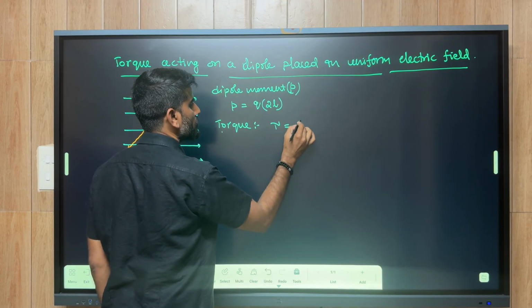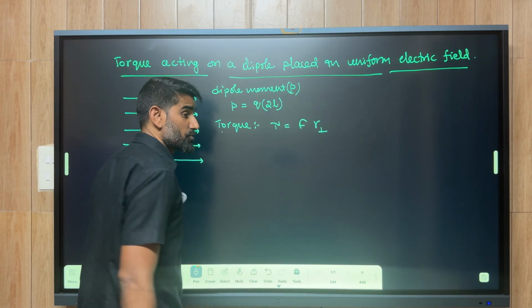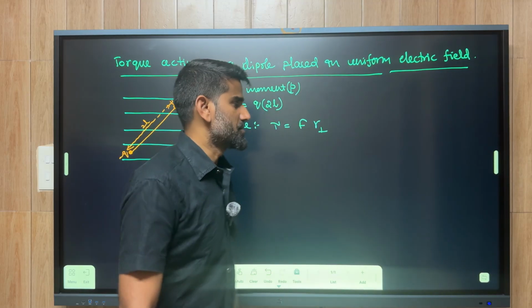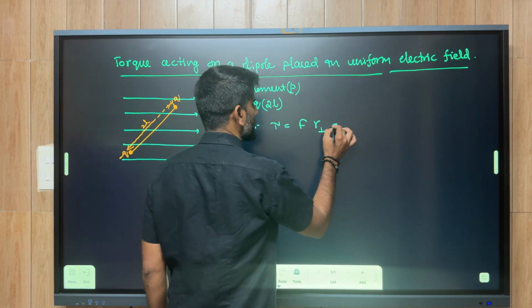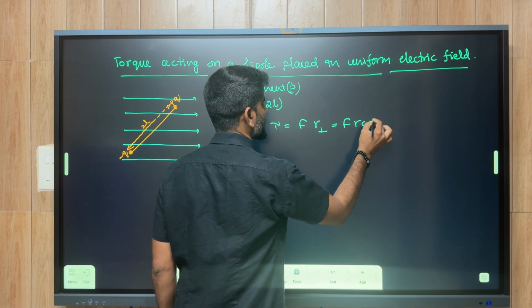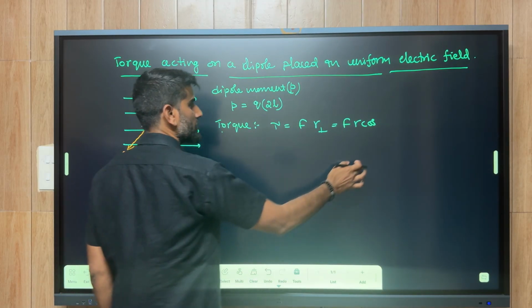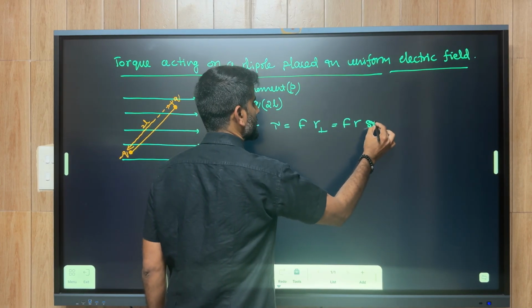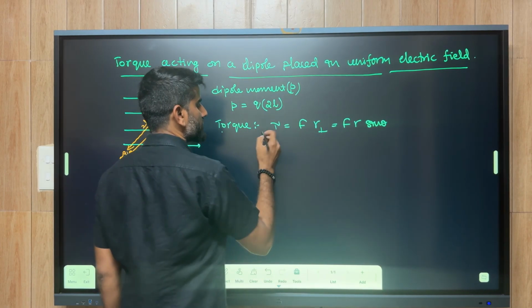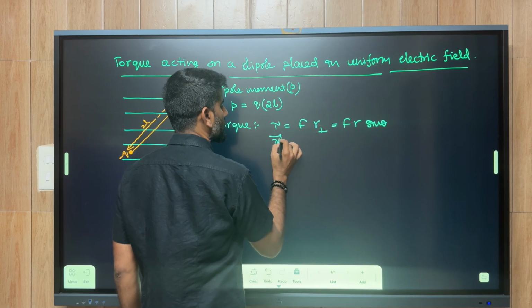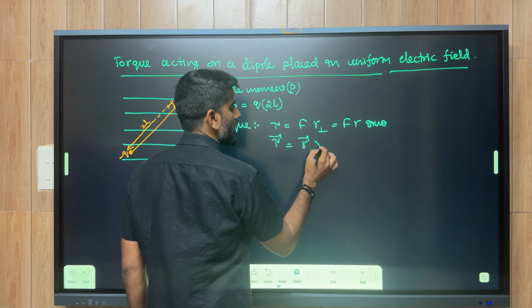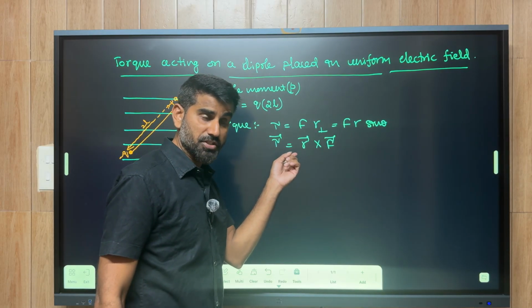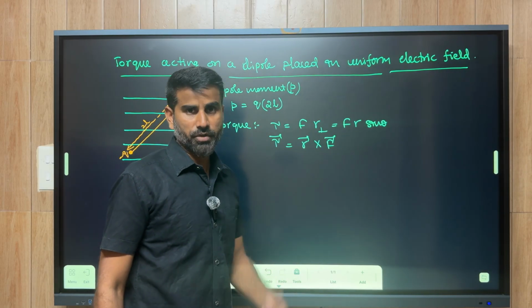Torque tau is equal to force into perpendicular distance to the force from the axis of rotation, and we sometimes write it as F r sin theta, because this torque is a vector quantity which is always represented as r cross F, where r is the position vector of force from the axis of rotation and F is the force vector.